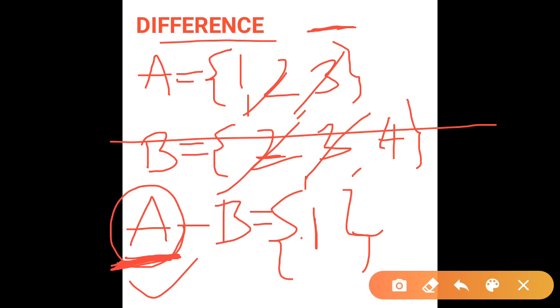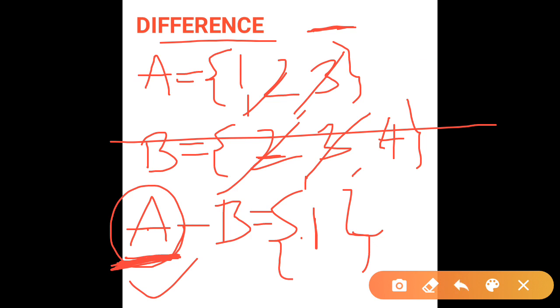Here A should be the bigger set. We are taking A minus B means, suppose if we take 5 minus 4, what? We are doing bigger number minus smaller number.